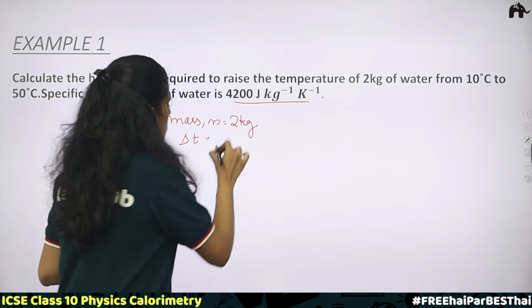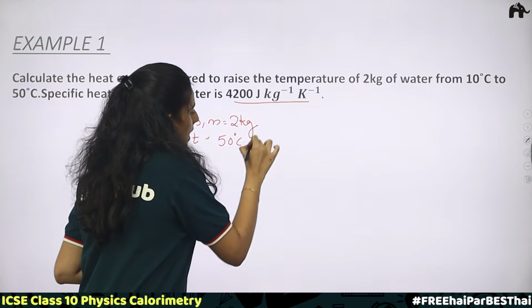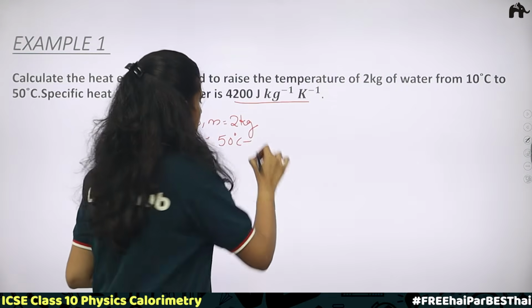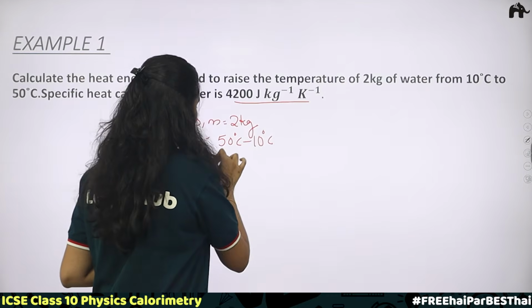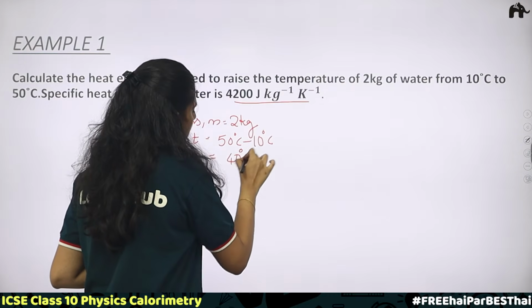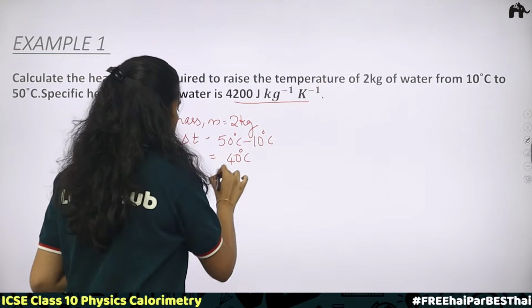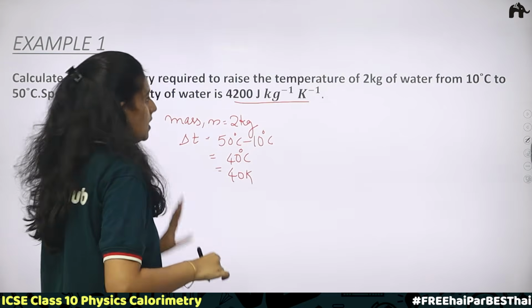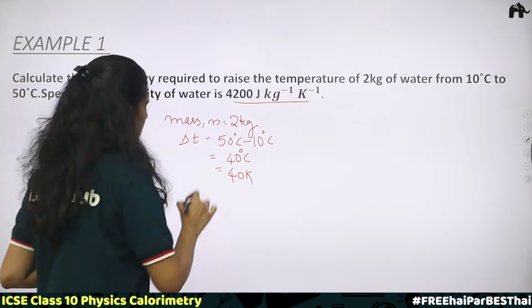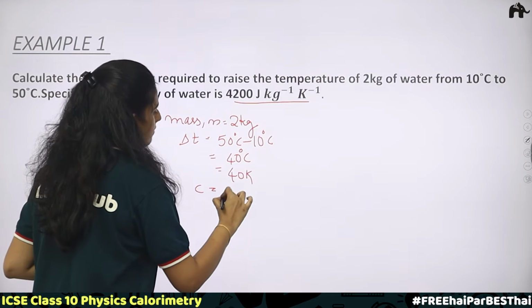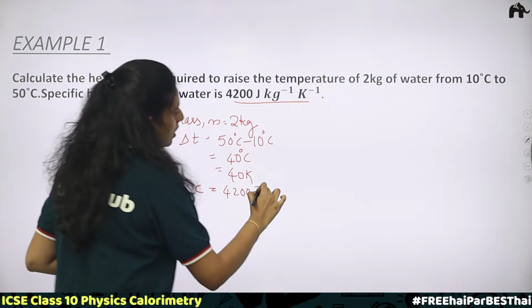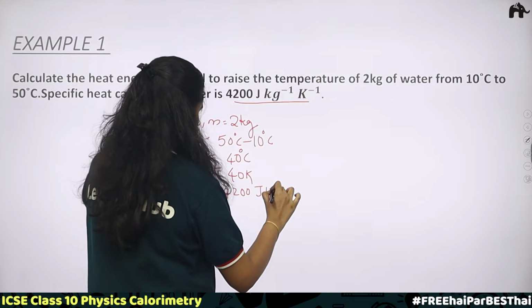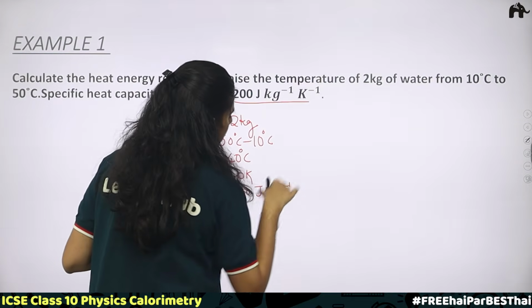Here, final temperature is 50 degrees Celsius minus initial temperature 10 degrees Celsius, which is equal to 40 degrees Celsius or 40 Kelvin. For change in temperature, both the units are possible. What else is given? The specific heat capacity c of water is given as 4200 joules per kilogram per Kelvin.